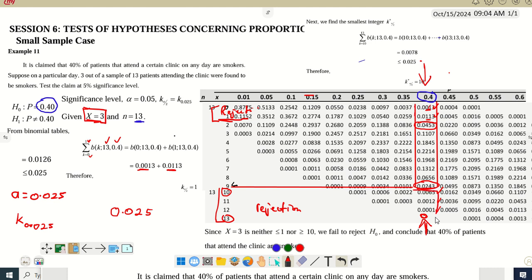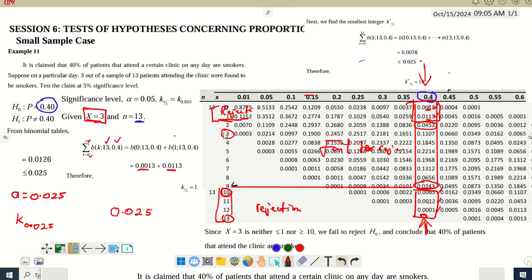These are the critical regions. But you could see that x is equal to 3 is not in the critical region, so we fail to reject. So that is it. You can see that since x is equal to 3 is neither less than or equal to 1 nor greater than or equal to 10, if any number is greater than or equal to 10, it is in the rejection region, or if it is less than or equal to 1, it is also in the rejection region.